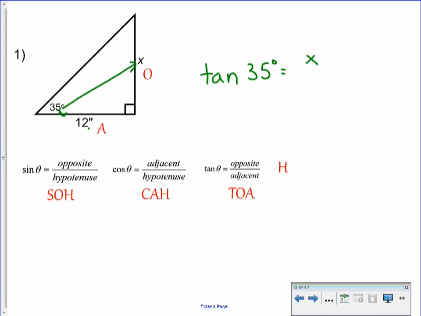So we now need to solve for our x, which is the opposite. So we have tangent of 35 degrees equal to our opposite, which is our missing value, over 12. That is the equation that we will use to solve.